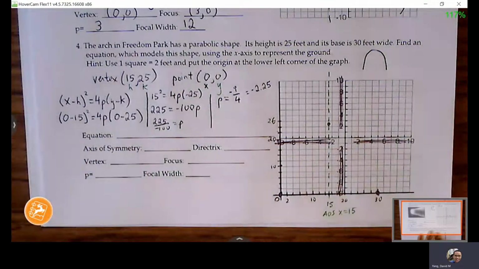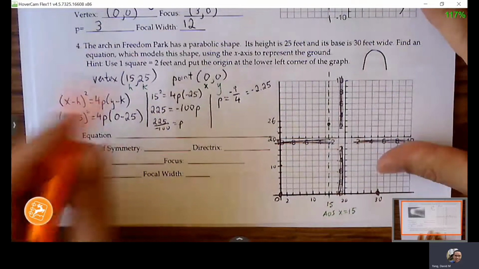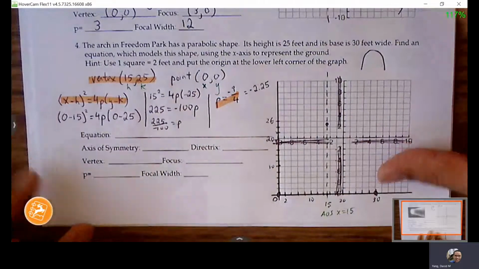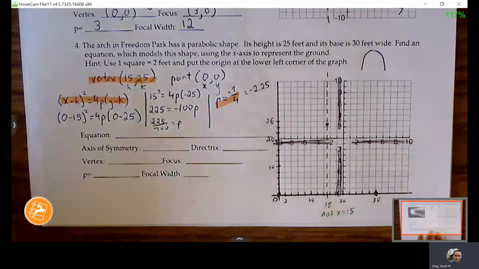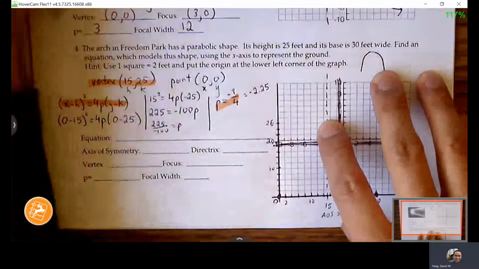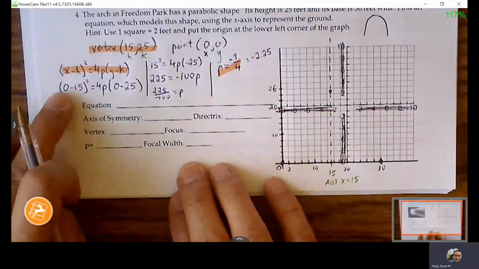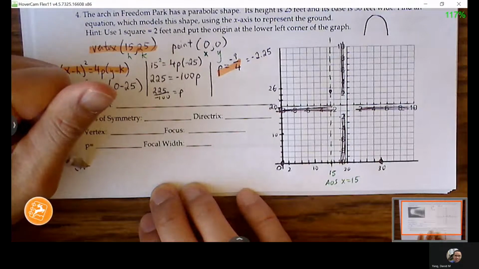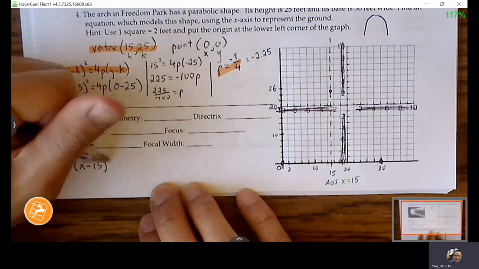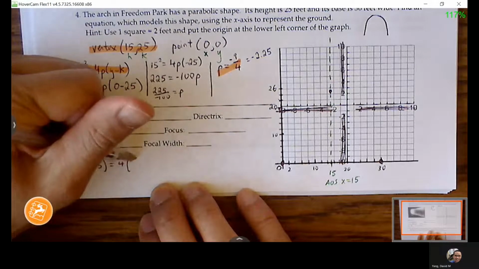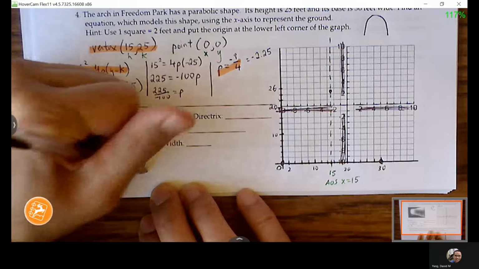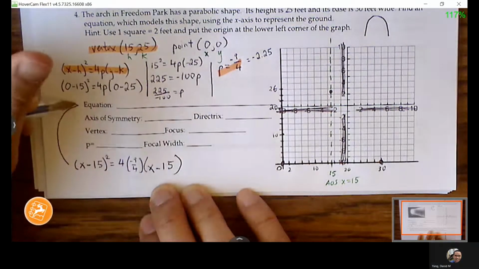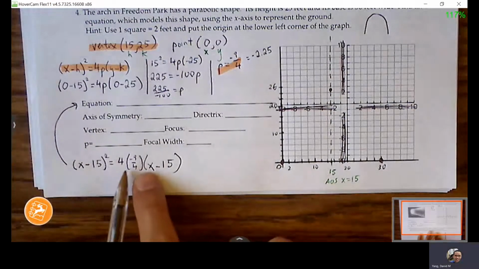Okay, so we can insert and build our equation. We know our p-value, we know our vertex, and we know the equation that we're trying to fit in. I'll put this down here, and then once I clean it up, I'll put it into that equation. 4 and negative 9/4 can reduce.